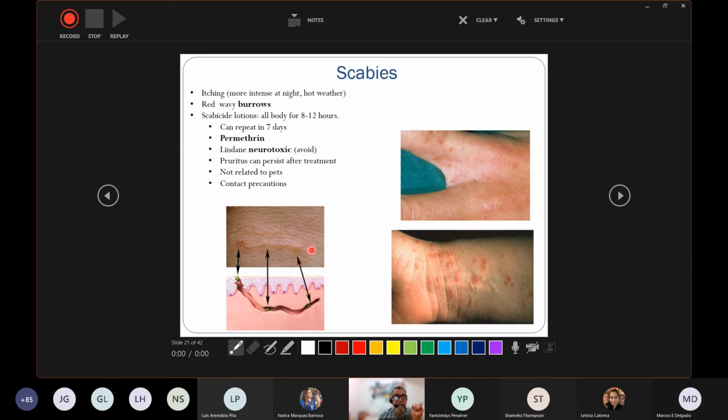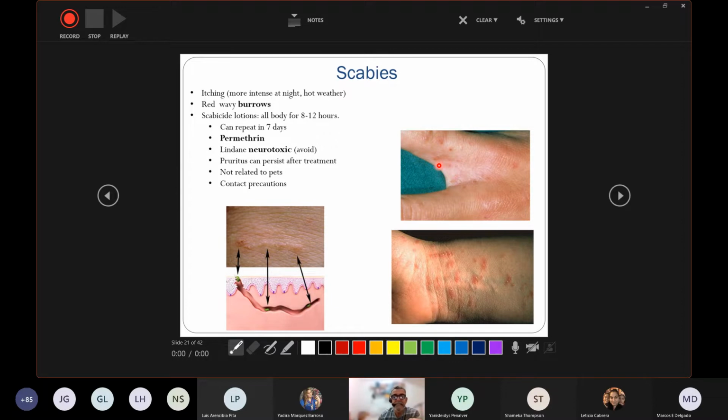So that's the classical burrow, or waving red lines that can be seen. The place of entrance of scabies in 90% of the cases is in this soft tissue that we have between the fingers, the interdigital webs.